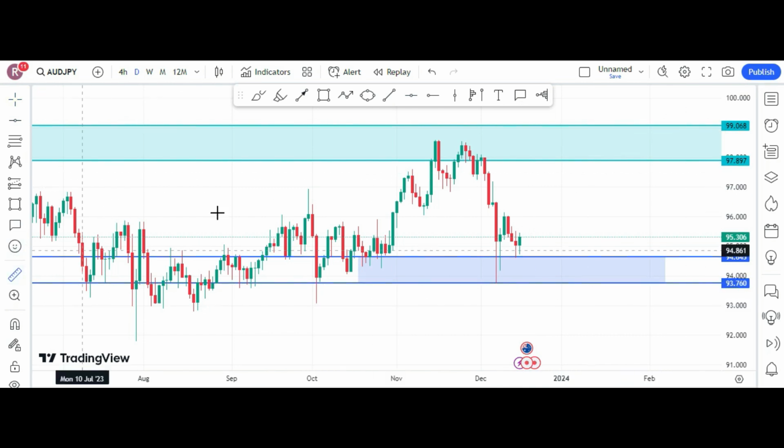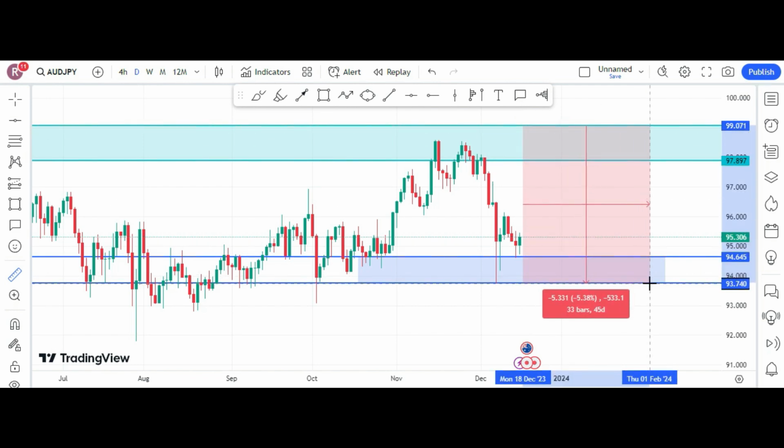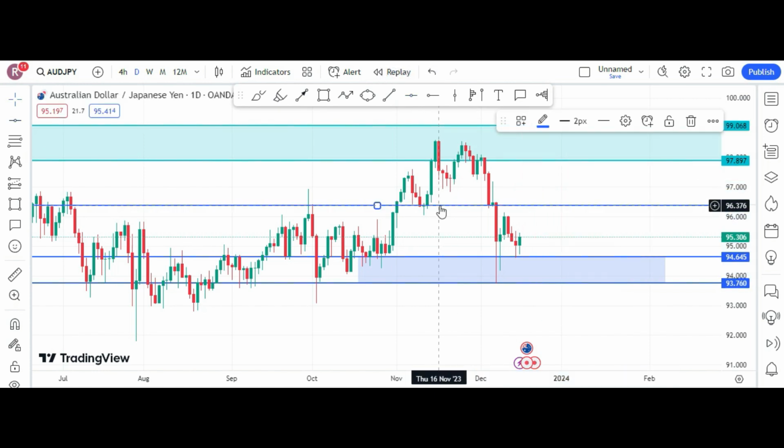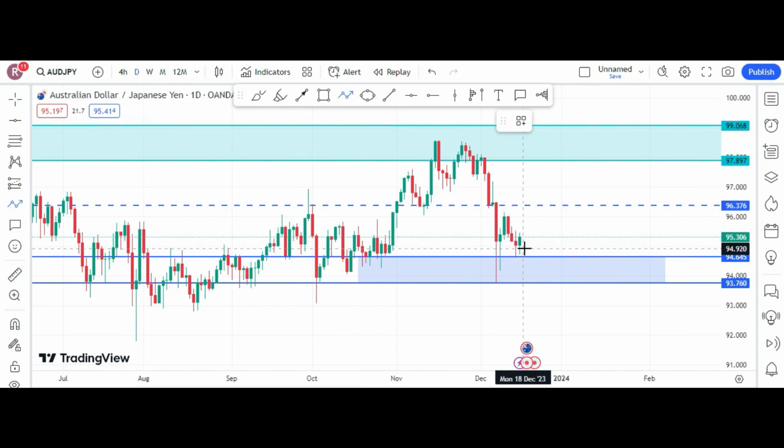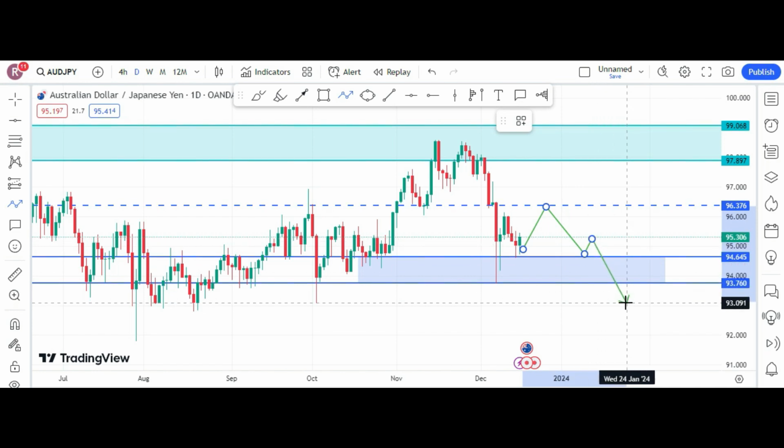Now if we measure the actual depth of the market from here to here, the price is supposed to come up to this position. So in my opinion, what I'm expecting right now is that the price will move from here to here, then it will come here, retest this area, and break out.